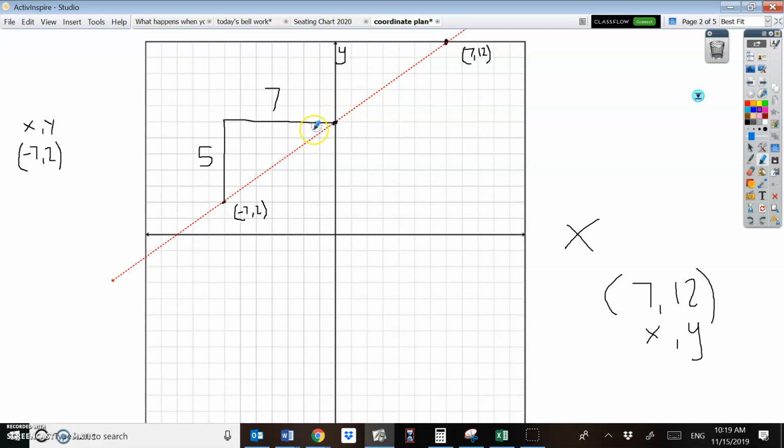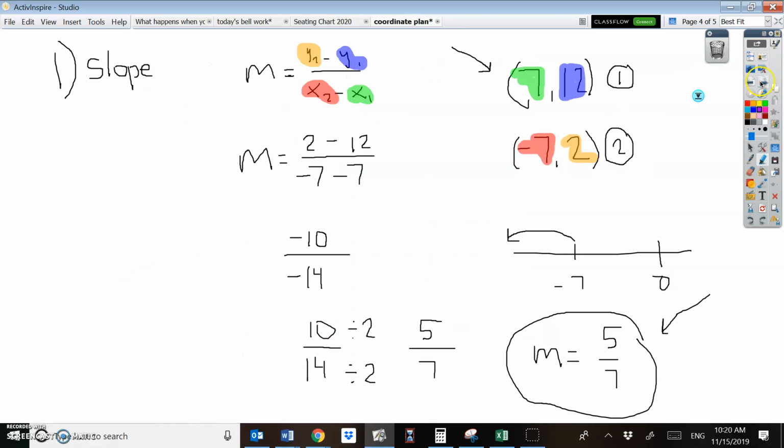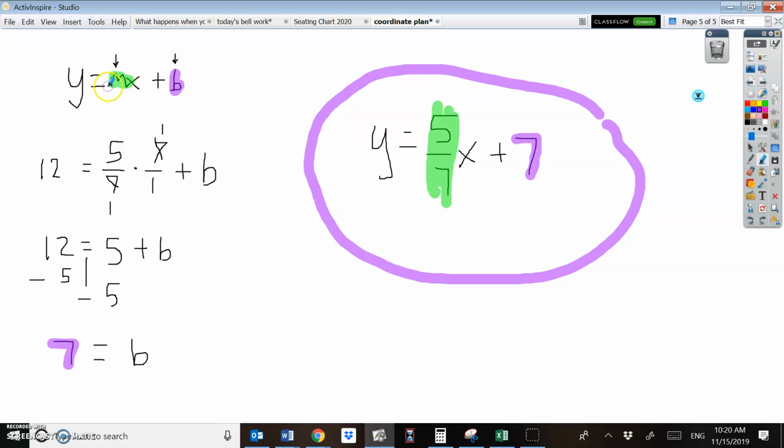So this graph and this work helped us figure out the slope by doing the formula for slope and using the values from the ordered pairs. And once we had our slope, we can use the slope-intercept form and find the value of the y-intercept by substituting slope and one of the values, the x and y value from one of the ordered pairs, solve the equation and you get your y-intercept.